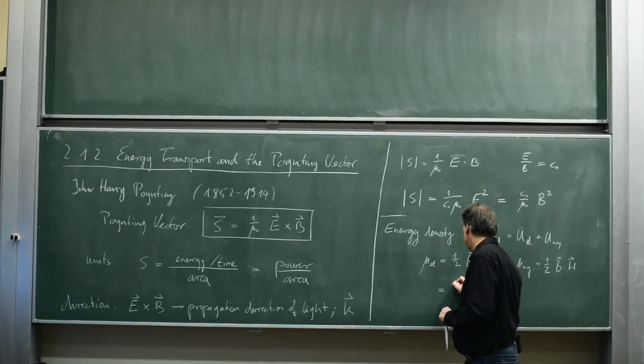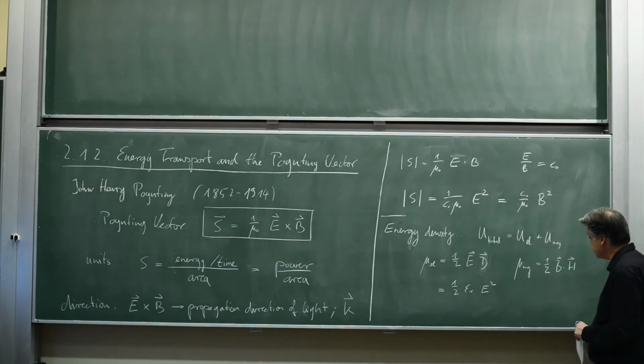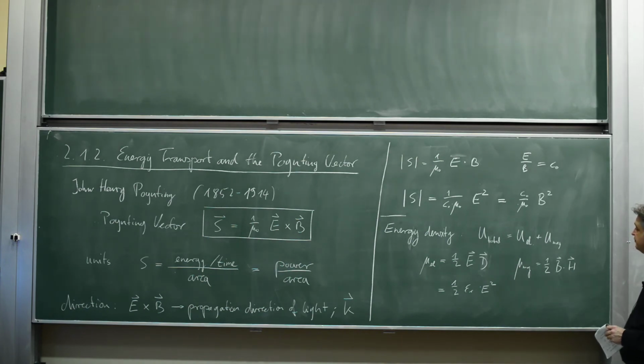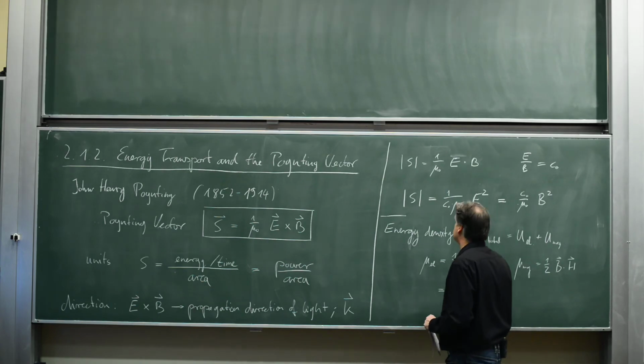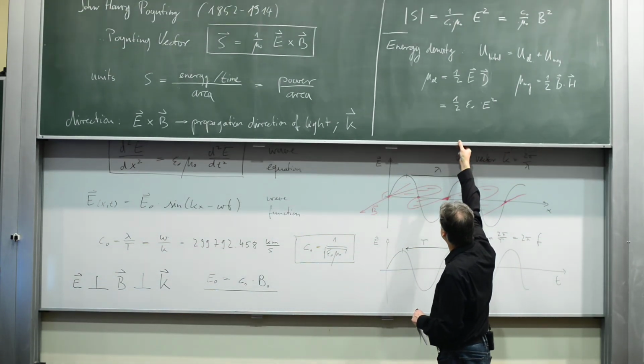Or we can rewrite that as 1/2 epsilon r times E squared. The same holds for the magnetic field. That's the energy density if we combine both electric and magnetic field together.